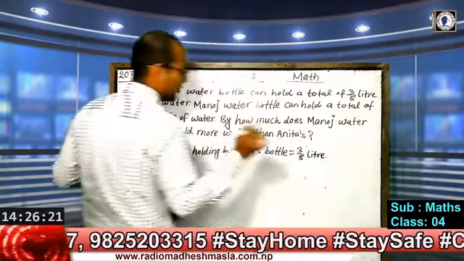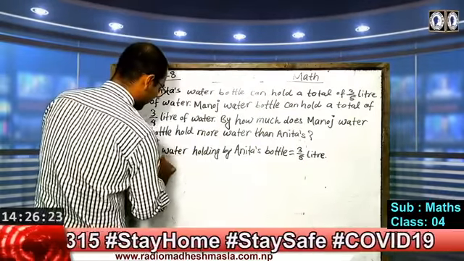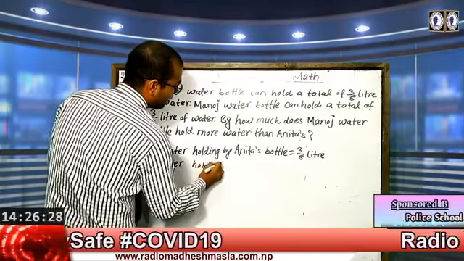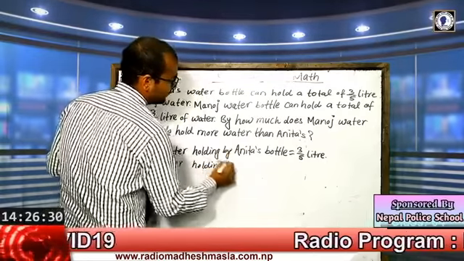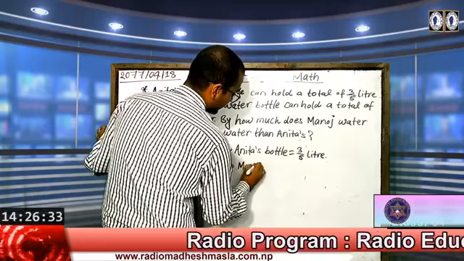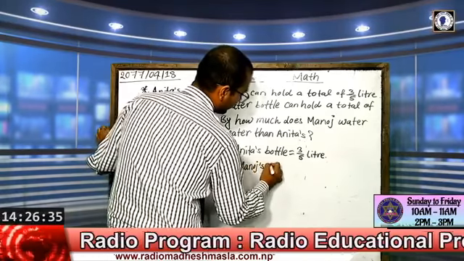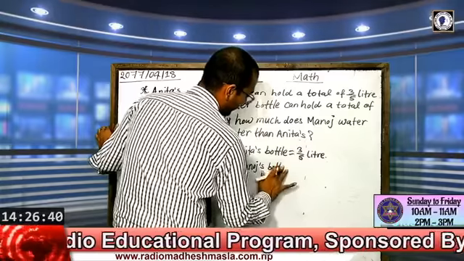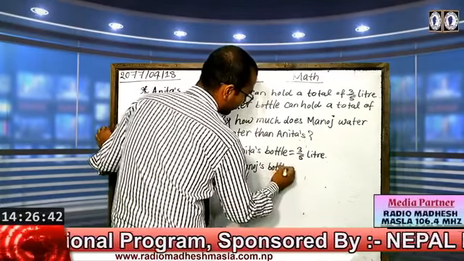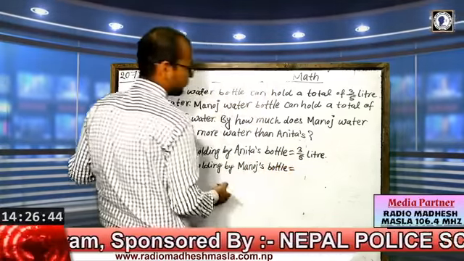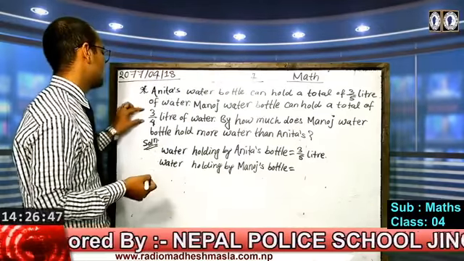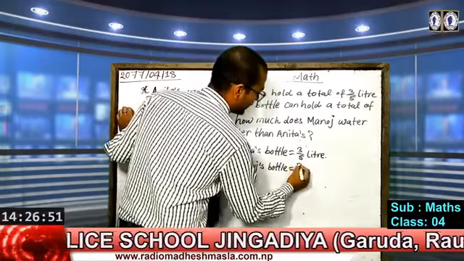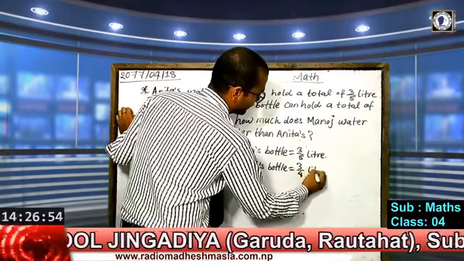Then again, water holding by Manoj's bottle is equal to how much water does Manoj's bottle hold? Yes, 3 by 4. So here we can write 3 by 4 liter.